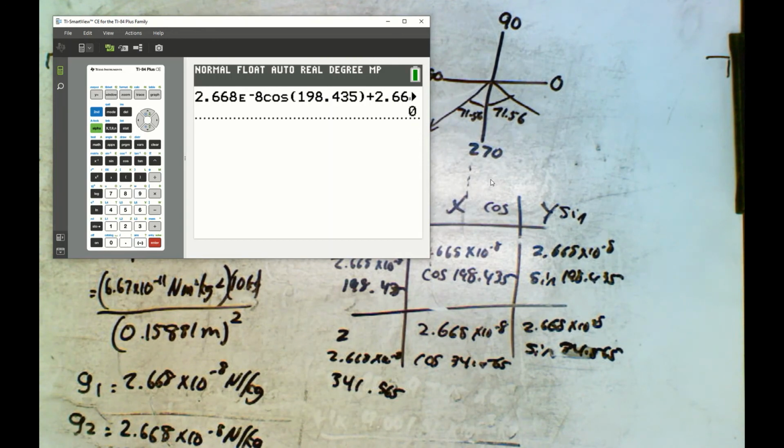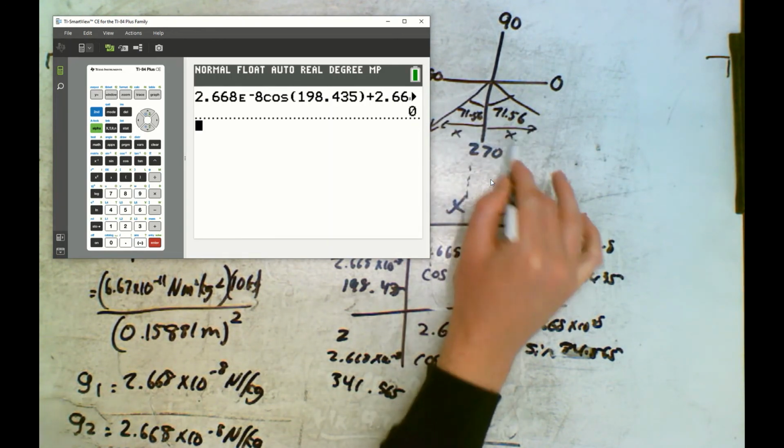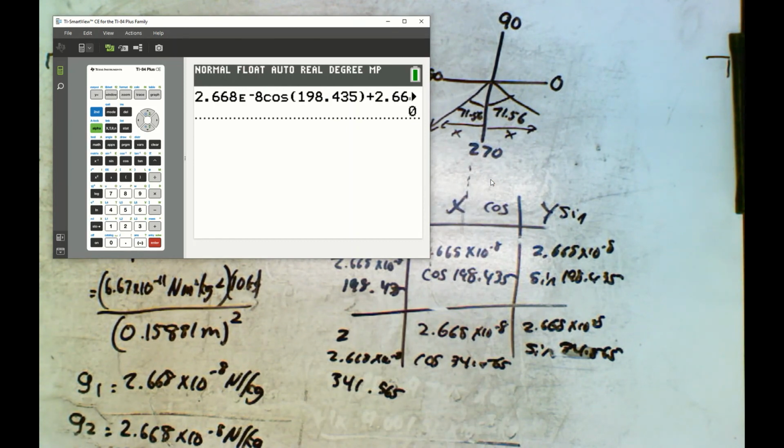And that makes sense because this has an x component, it's an equal angle. Those two x components are going in opposite directions and they're going to cancel out. So let's find our y. To find our y, all I have to do is type in the exact same thing, but switch my coses to sines.